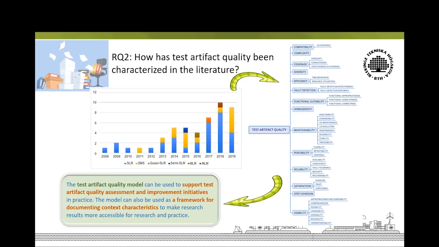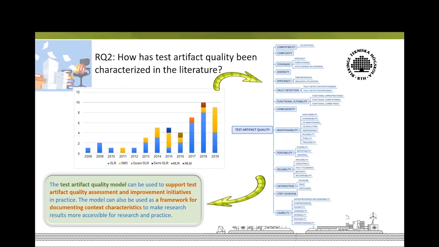And our conclusion here is that we believe that this quality model can be used to support practitioners with assessing and improving test artifact quality, at least as initiatives. And also this model can be used as a framework for documenting test context characteristics. So that would be useful for both practitioners and researchers. So these are the highlights of the second study.